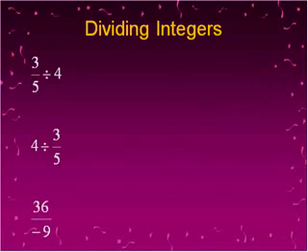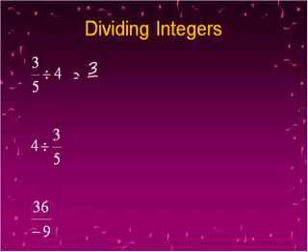Let's look at some dividing. And remember, you can go back and pause or rewind if you need to on that previous slide. 3/5 divided by 4. If you remember working with fractions and division, we always change the division symbol to a multiplication, and we always write the reciprocal of the second number.